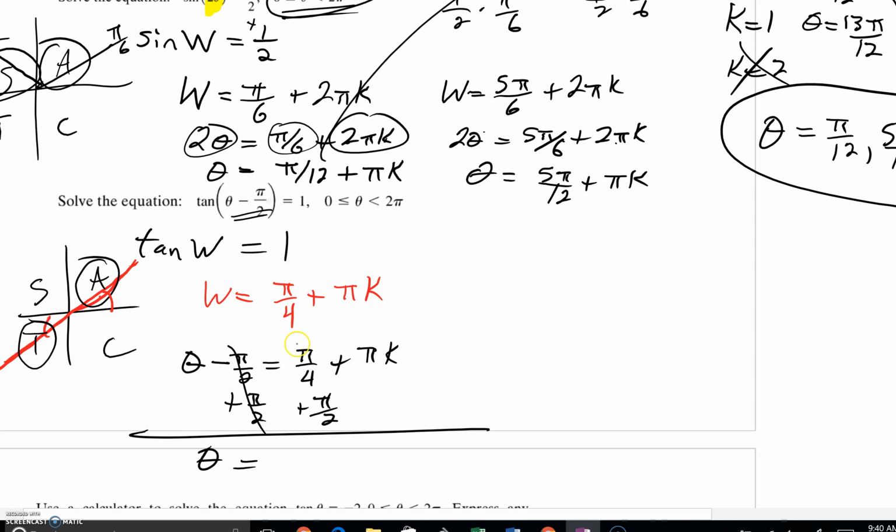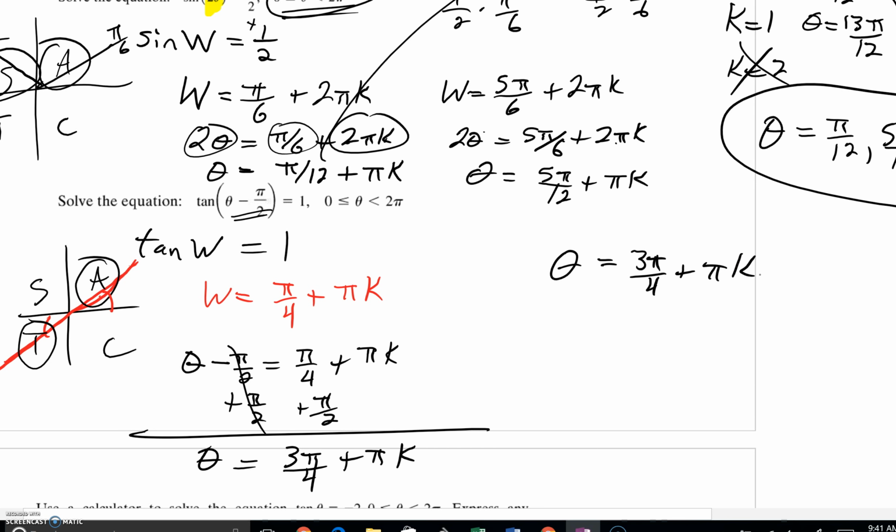Well, this would be 2 pi over 4 plus 1 pi over 4 is 3 pi over 4. And guys, if perchance they said just answer every possible angle that would make this true, our statement right here would do the trick. This right here is a nice, concise way to represent every angle that would ever make that true.